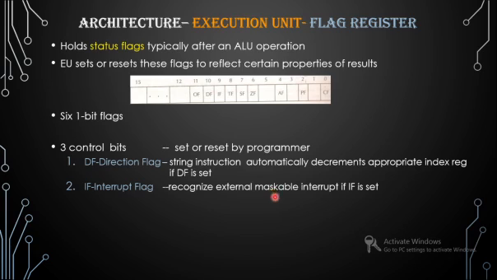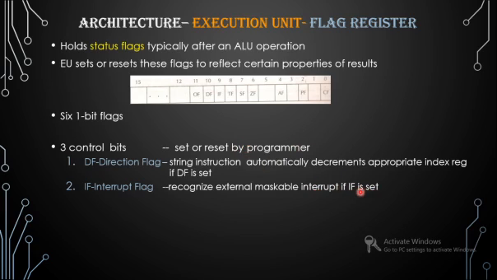And why are they said to be maskable? The system can be programmed in such a way that this interrupt can be accepted or need not be accepted, and hence the name maskable. So the system has the freedom to decide whether this interrupt has to be accepted or not, based on the setting or resetting of the interrupt flag by the programmer.